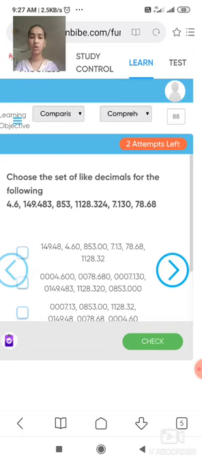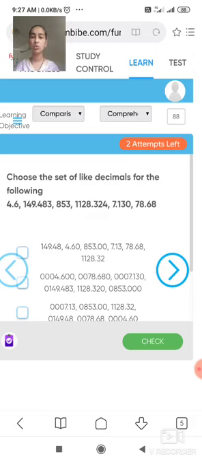Choose the set of like decimals for the following: 4.6, then 149.483, then 853, then 1128.324, then 7.130, then 78.68.